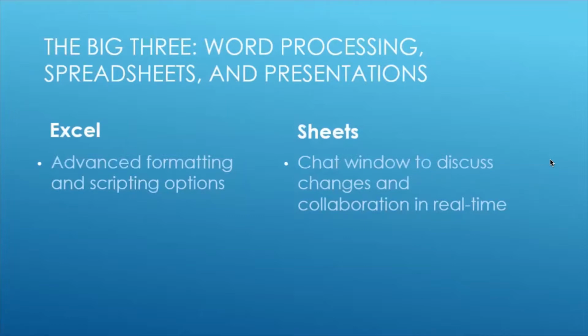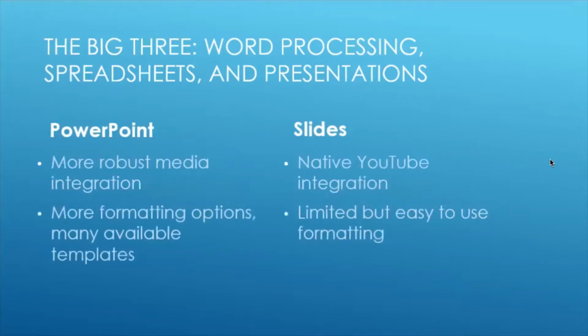So Sheets is definitely for simple data collaboration, whereas Excel is where you're going to get all those other nice integrated features and options. Going on to the third one, it's PowerPoint versus Slides.